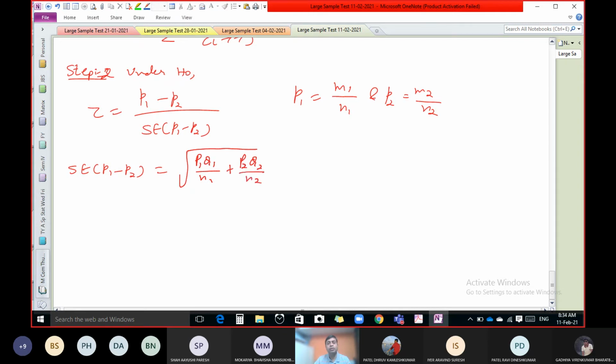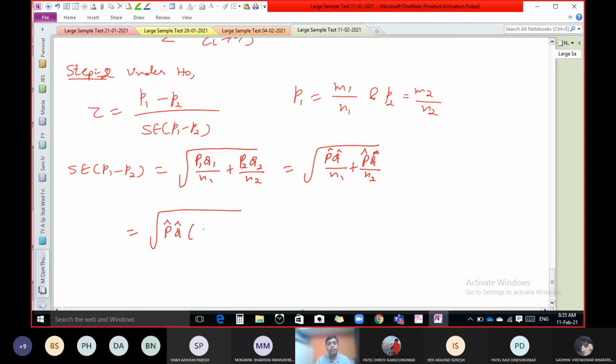But obviously capital P1 and capital P2 are unknown. So in their place we have to use the estimated value. You can write P cap Q cap upon N1 plus P cap Q cap upon N2, because P1 and P2 are unknown, so we have to use the estimated value, and you can take P cap Q cap common.